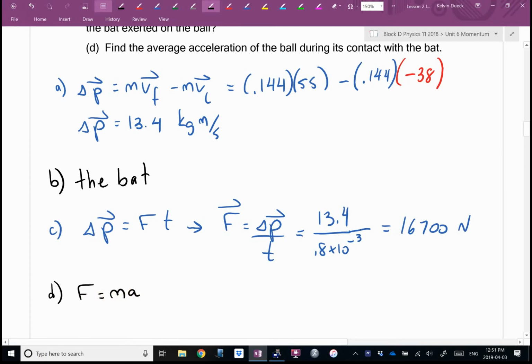How do you get the a by itself? The force was, I'm going to write 16,700, but I'm going to use my answer button. What was the mass? 0.144?